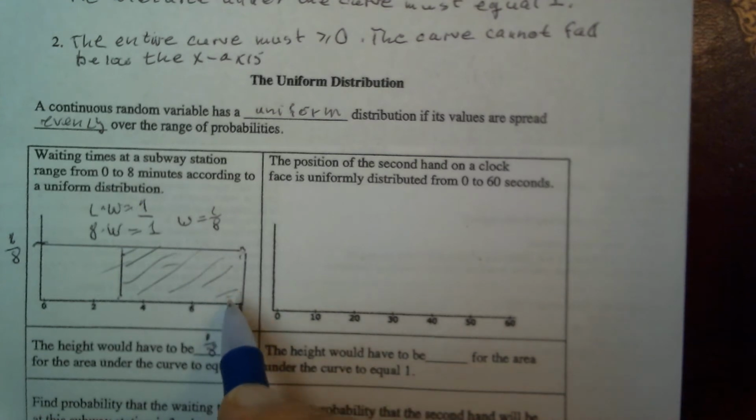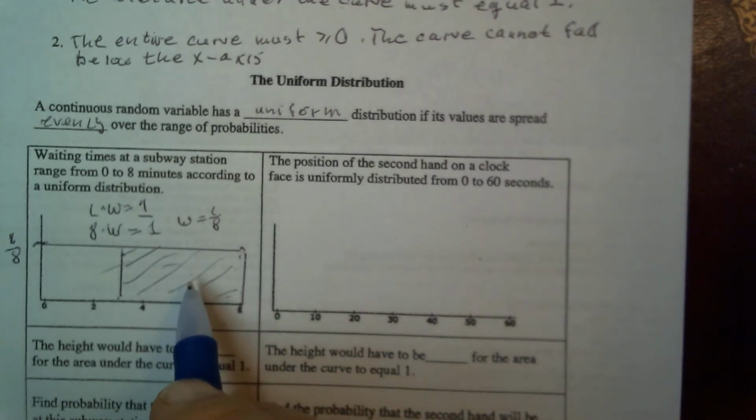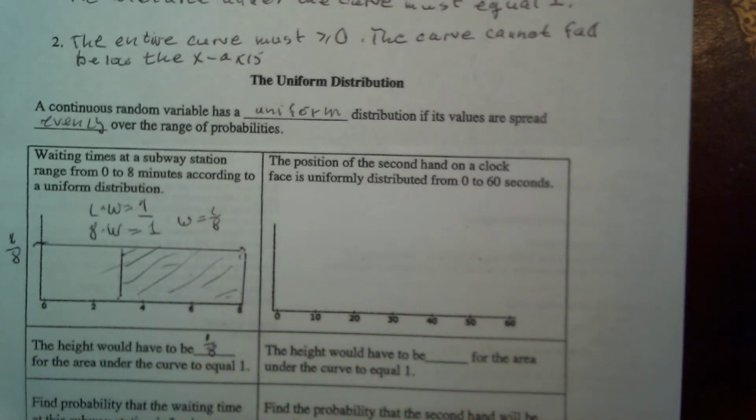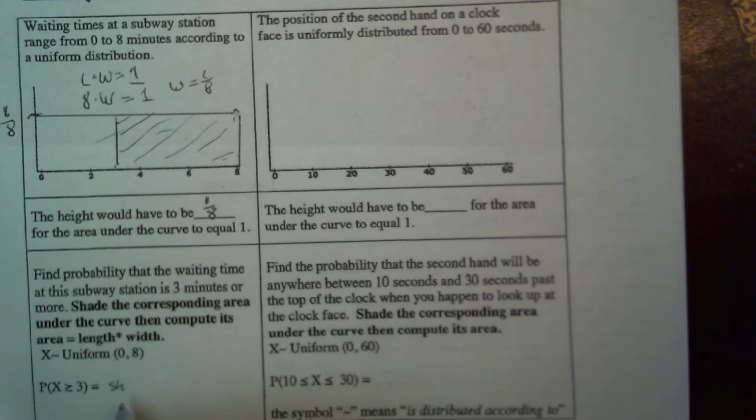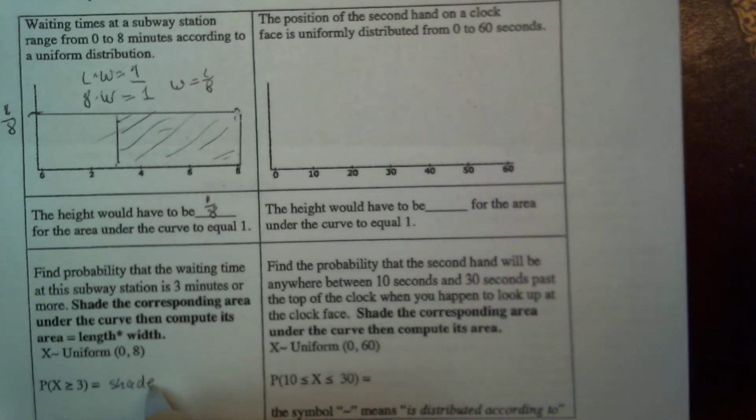The question is, what is this area here? So the probability that x is greater than 3 is a shaded area under the curve.